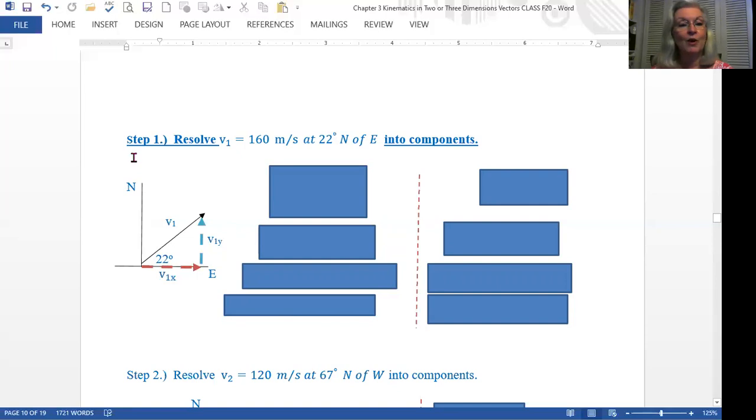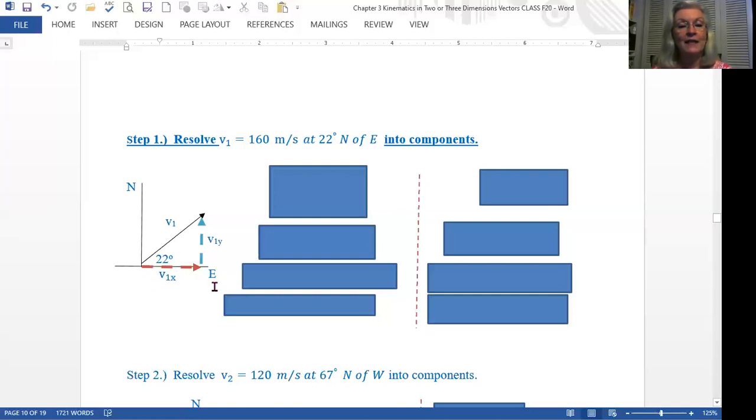Then, because the vector can be considered the hypotenuse of a right triangle, I put in an x part, which has to be pointing east, because east is the direction we were given. So the red dashed arrow is pointing east. That is the x component of vector 1, so v with a sub 1x.